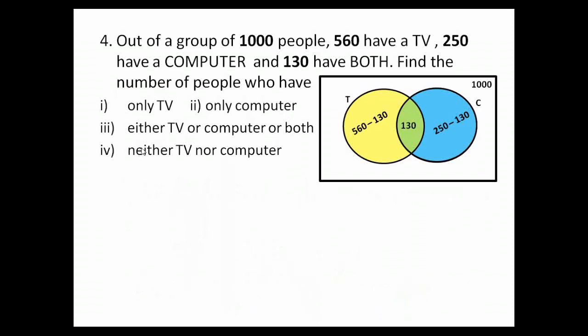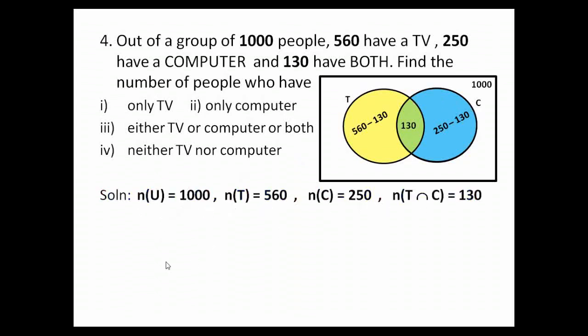Next, now we have to find the number of people who have either TV or computer or both. Either TV or computer or both means the union of these two sets. So we can directly find T union C. So here we have to find N(T union C), and what will that be?